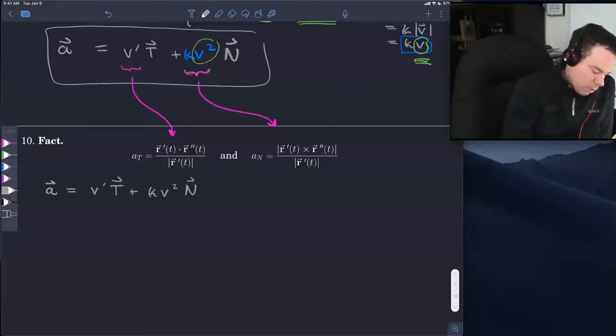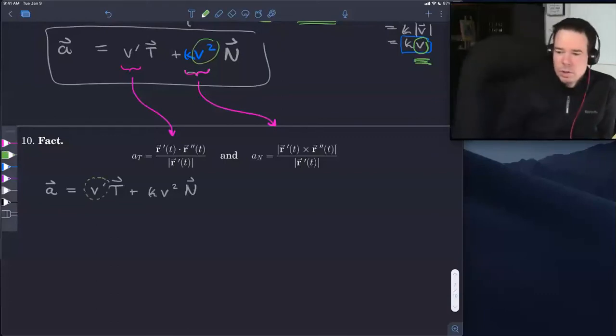Okay, so if I want to get access to this coefficient out here, then what I'm going to do is try to get rid of that N vector. I want to get rid of the normal vector. And the easiest way to do that is to just dot this whole expression with something that's normal to the normal vector, something that will, when I dot it with N, give me 0.